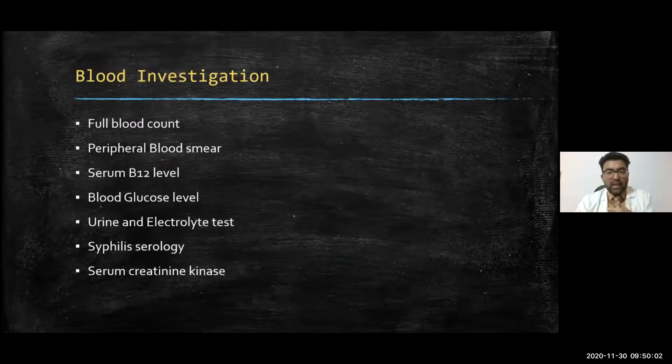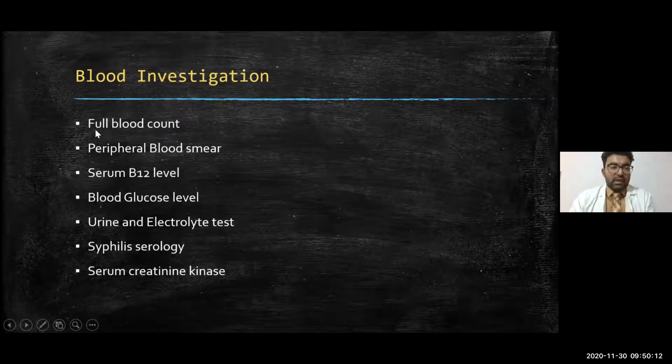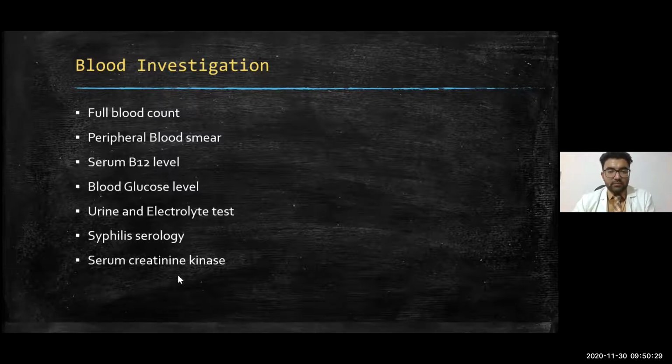Once we confirm that this gait could be due to some neurological issue, we can order the following tests to identify its cause. For blood investigations, we usually run a full blood count, peripheral blood smear, serum B12 level, blood glucose level, urine and electrolyte tests, syphilis serology, and serum creatine kinase.